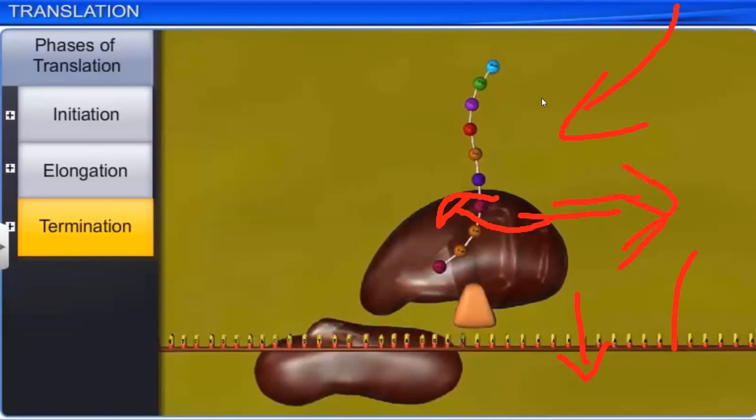Okay, and the first site which has got tRNA forms the polypeptide chain, the peptide chain. Of course, all this process needs a lot of energy. It's an energy consuming process. That's why all the enzymes, mRNA, tRNA, rRNA, and all other enzymes remain inactivated until needed. They don't come together.